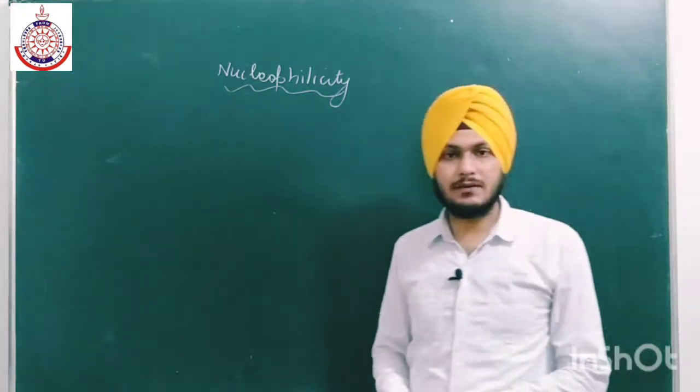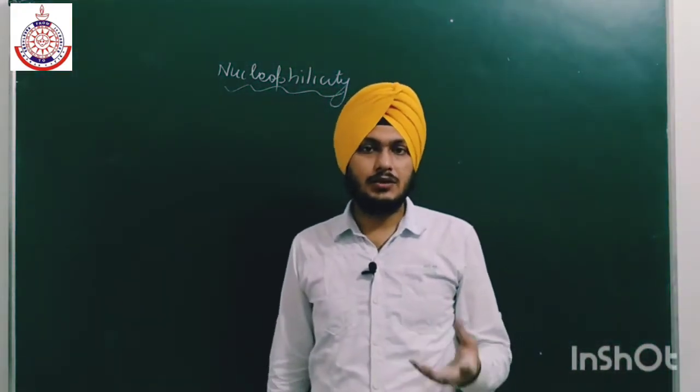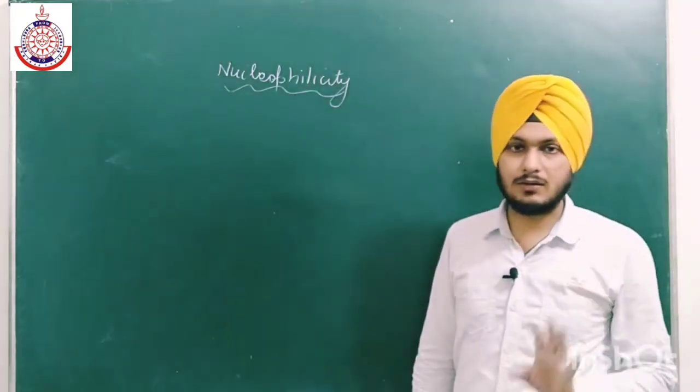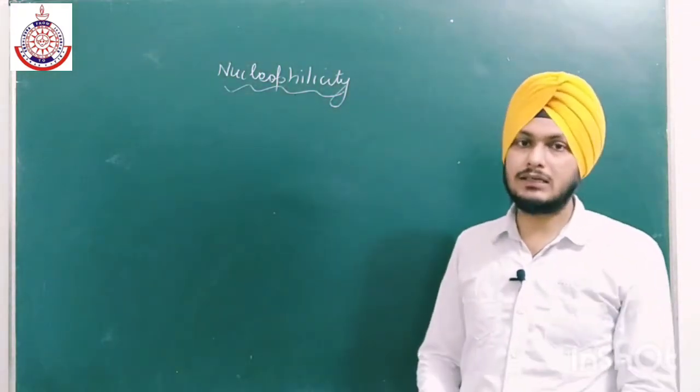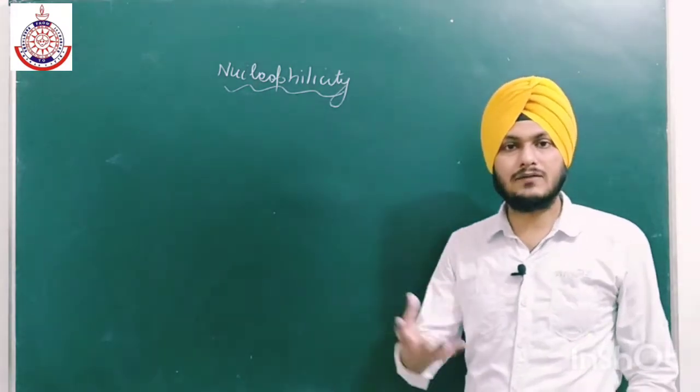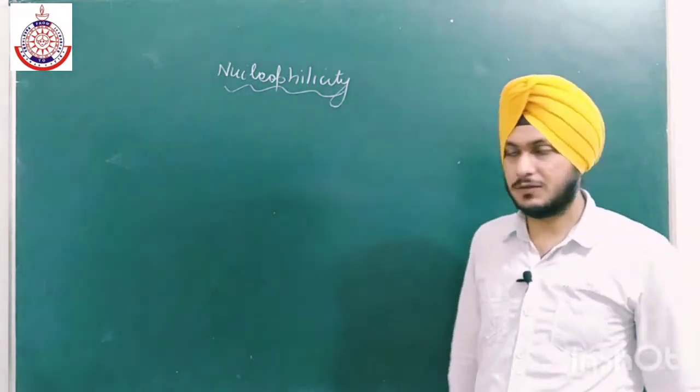Nucleophilicity is the power of a nucleophile to donate the lone pair of electrons. We all know the main function of a nucleophile: as a nucleophile is an electron rich species, it can easily donate its lone pair of electrons to the electron deficient species. This is the main function of a nucleophile.